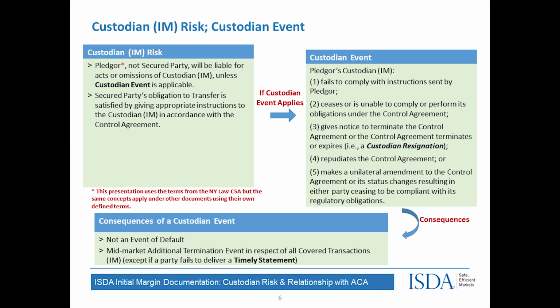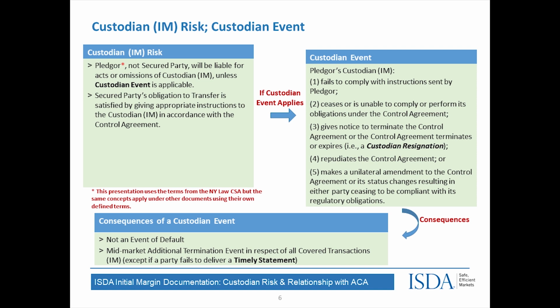Instead, it's a voluntary act by the custodian, and thus far what we've seen is all of the Reg IM custodial documentation will give the custodians the option to resign with X number of days notice. And so the market needed to address that. And the way they've addressed that is that they've made that part of the custodian event provision.